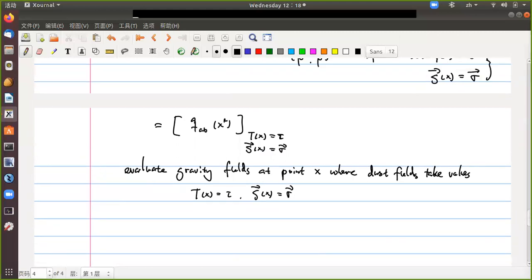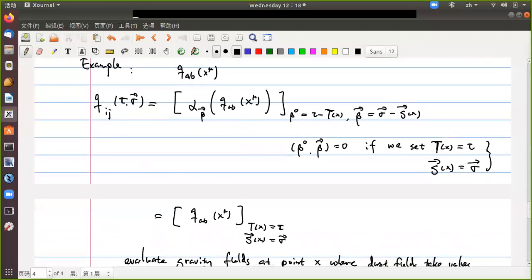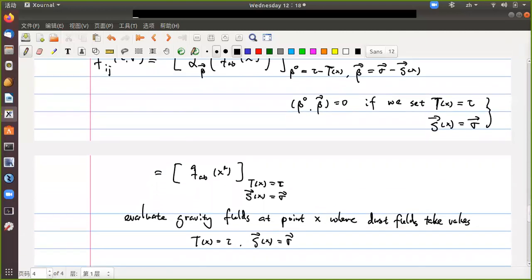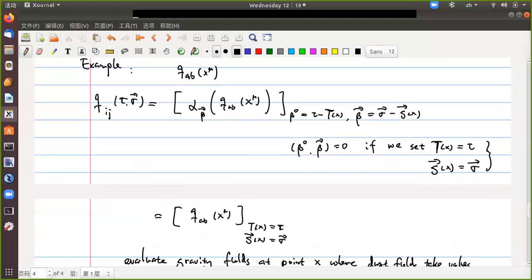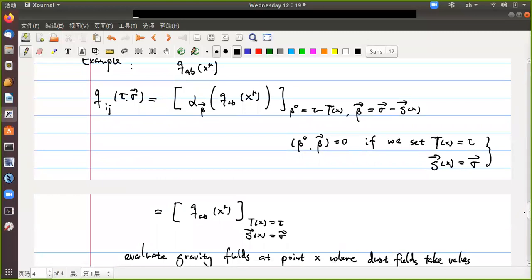This way of constructing the Dirac observable is called the relational construction of the Dirac observable, because you are really using the relation between the gravity field and the dust field.